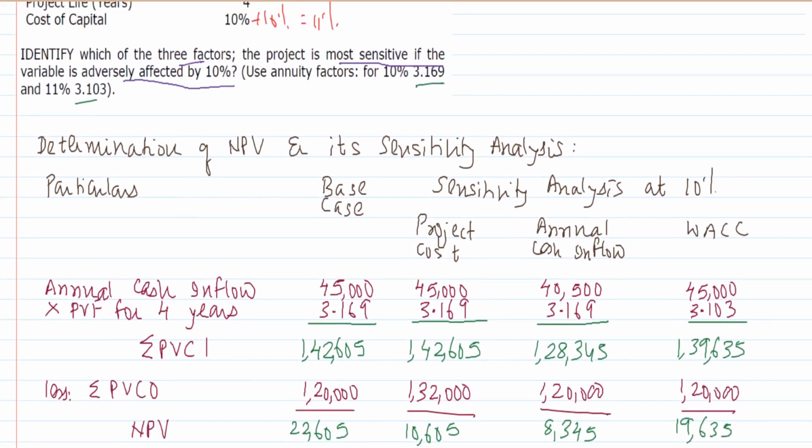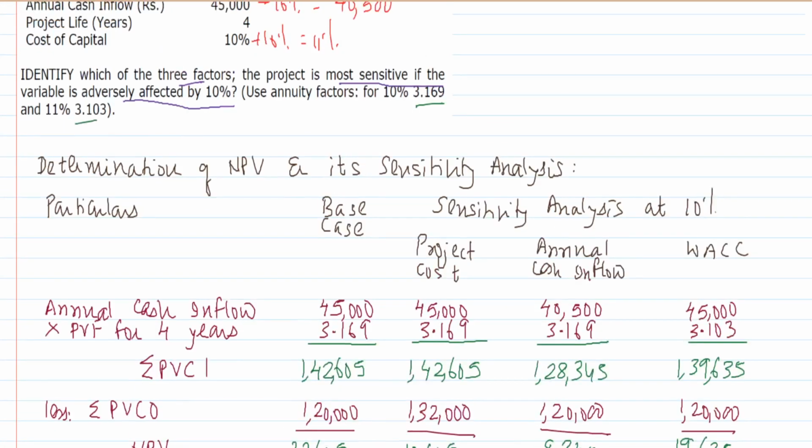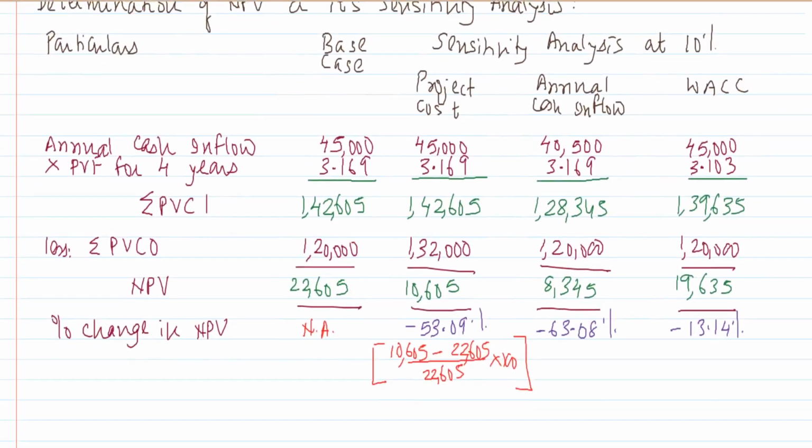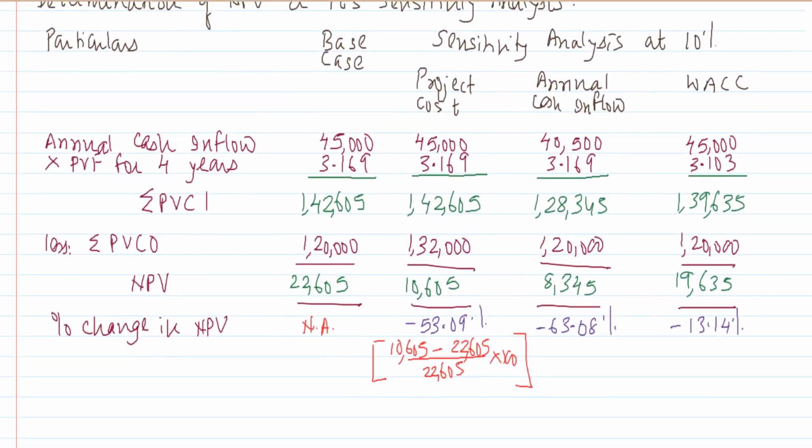So the question is, which variable is the project most sensitive to? You can see negative 53.09, negative 63.08, and negative 13.14. The highest decline in the NPV is for annual cash inflow. So it is the annual cash inflow to which the project is most sensitive.